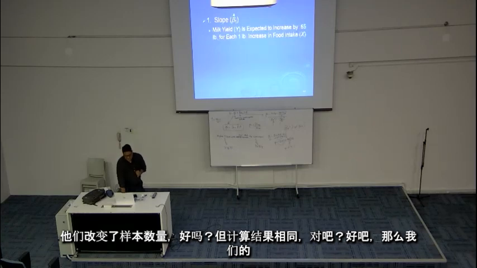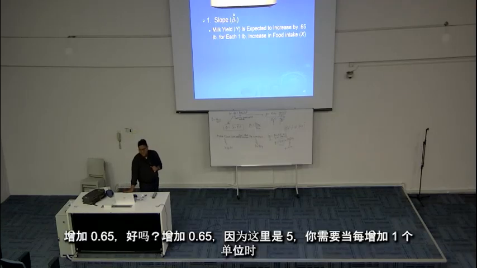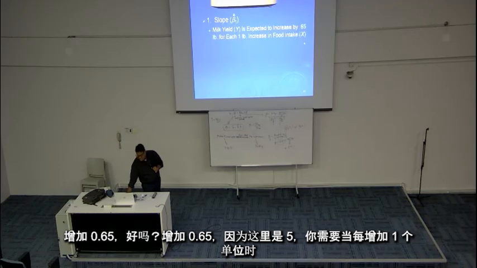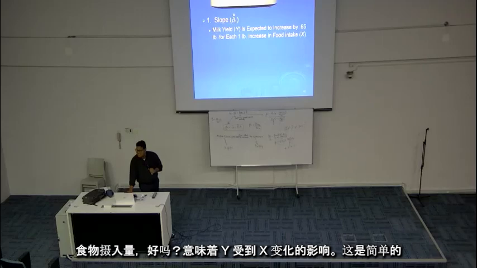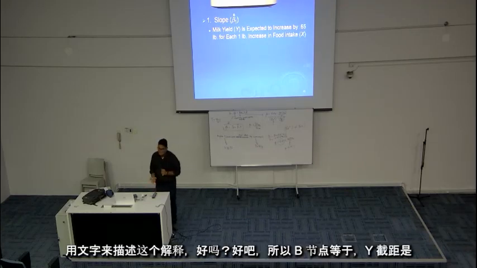So what is our interpretation? The interpretation can be based on the slope B1. So Y is expected to increase by 0.65 for each 1 unit increase in the food intake, which means that Y is affected by the change in X. That is the simple way to describe this interpretation.